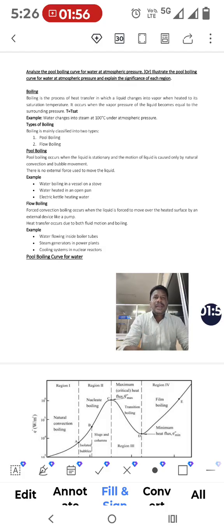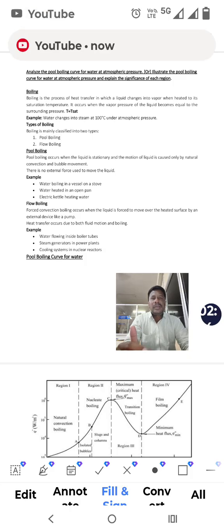We can simply define flow boiling as forced convection boiling, which occurs when the liquid is forced to move over the heater surface by an external device like a pump. Examples are water flowing inside boiler tubes and steam generators in power plants, and cooling systems in nuclear reactors.